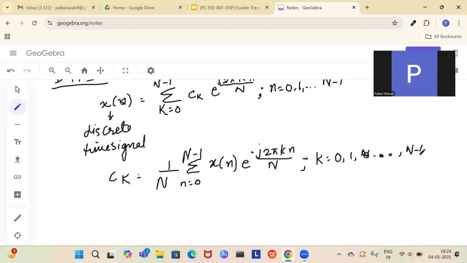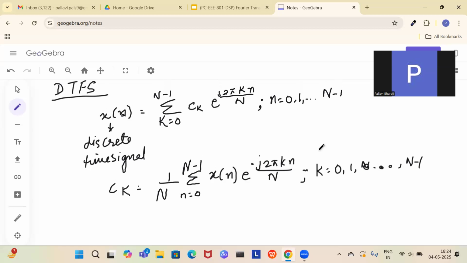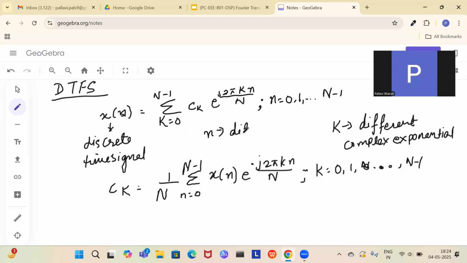What you have to understand here is that we have two variables, k and n. K is denoting different complex exponentials, and small n is denoting different time instants, or your sampling instants.